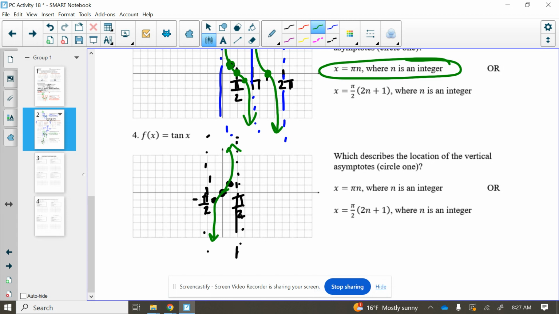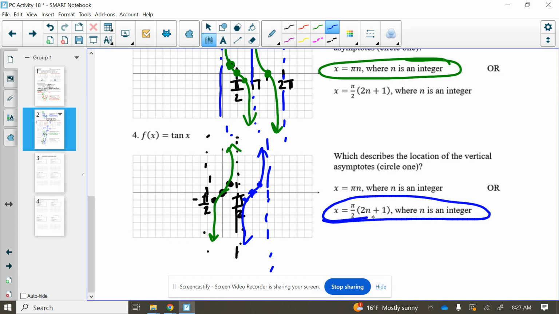And again, its period is only pi, and every pi we see another one coming in. So we see this time that our asymptotes are happening similar to secant at pi over 2, 2n plus 1 each time.